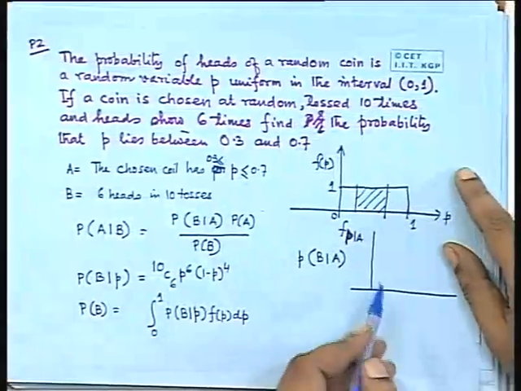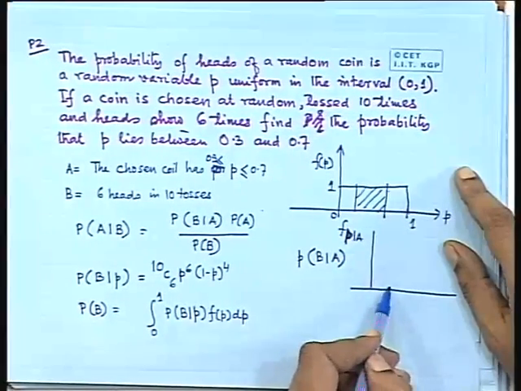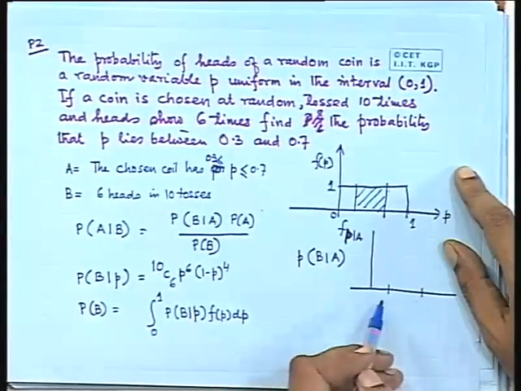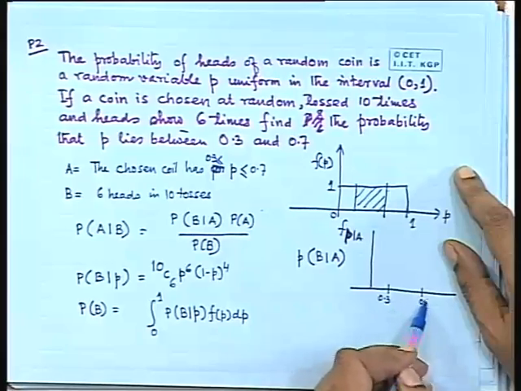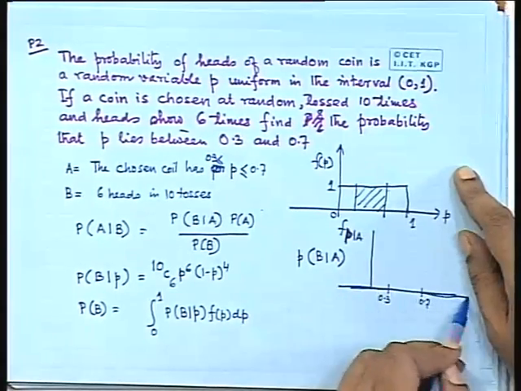So now it will exist only between 0.3 and 0.7 of P, everywhere else it will be 0 because you do not have any other coin. And since the whole thing is uniform, here also it will be uniform in any interval.